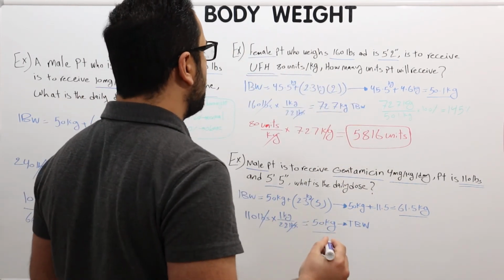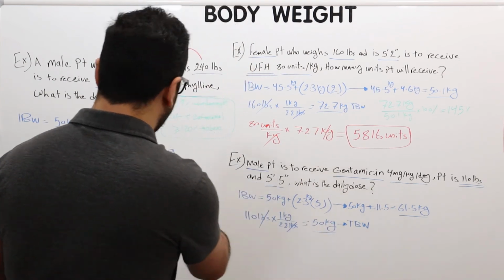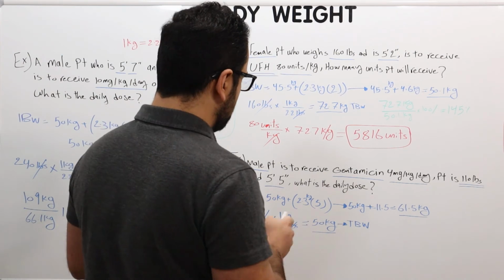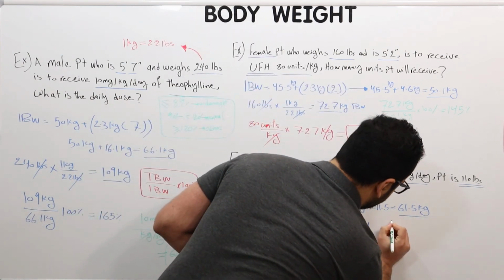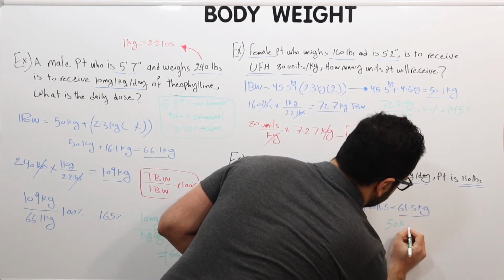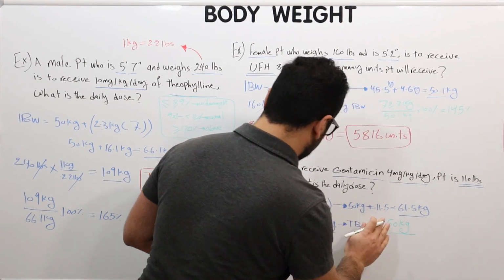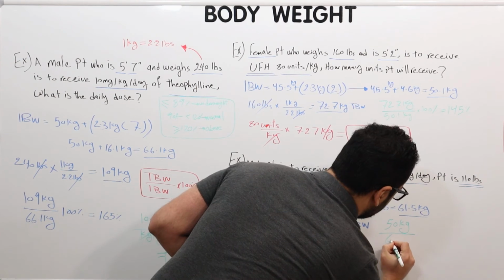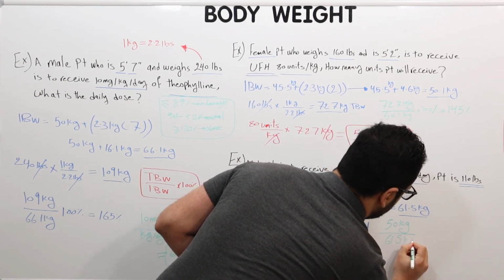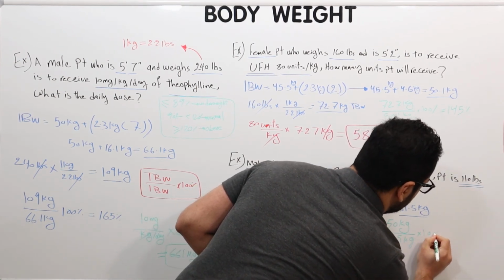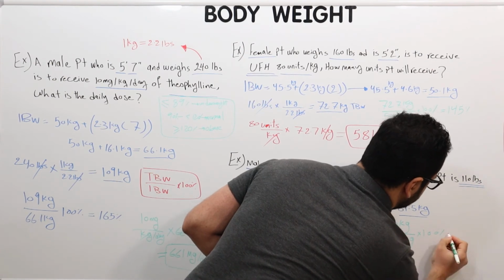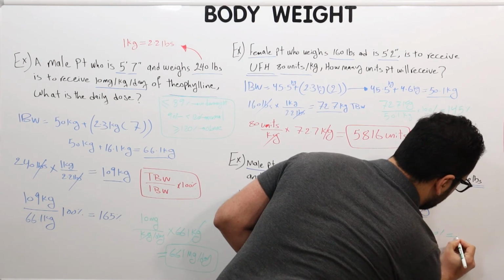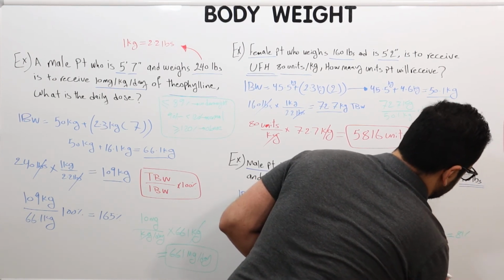Now, what is step number 3? Step number 3 is basically trying to figure out where the patient is at. So let's do that. We have 50 kilogram over here, which is the total body weight, dividing this over the ideal, which is 61.5 kilogram, multiplying by 100%. If you plug this into the calculator, you should end up with 81%.